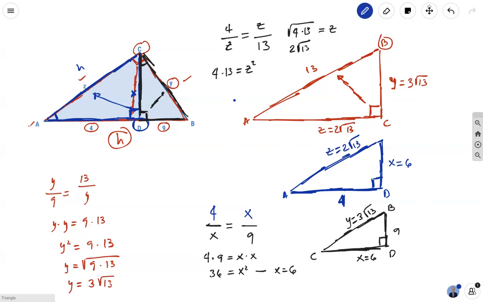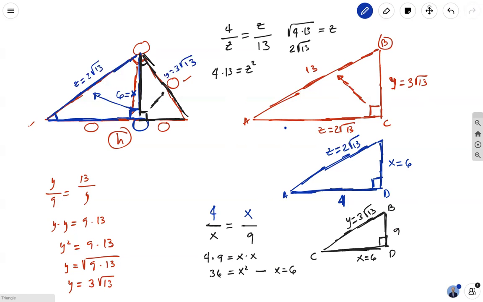So now if I want to put everything together, this side up here was 2 times the square root of 13. Then this side, the y, was 3 times the square root of 13. And the x was simply 6 with those values that we were given.